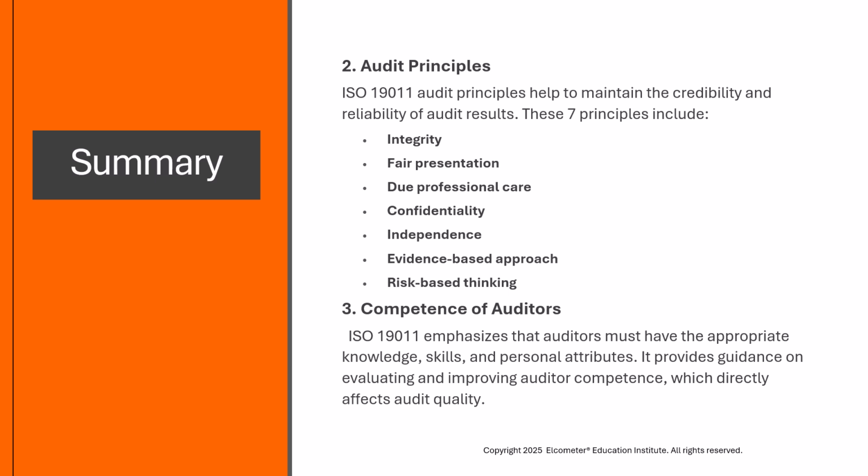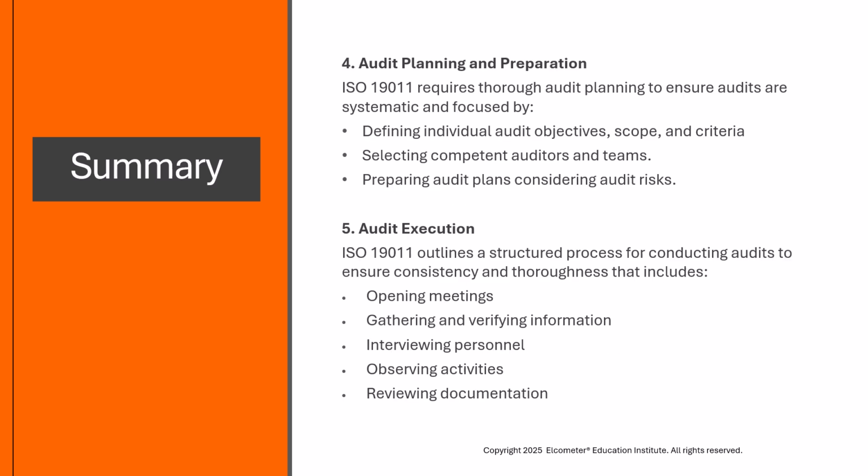3, competency of auditors. 19,011-2025 emphasizes that auditors must have the appropriate knowledge, skills, and personal attributes. It provides guidance on evaluating and improving auditor competency, which directly affects audit quality.